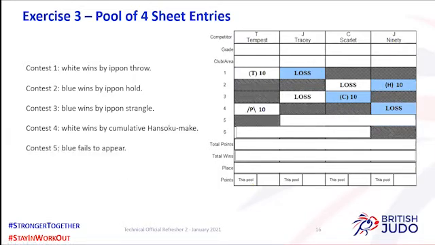So cumulative Ansukamaki, triangle with a P and a 10, and loss for blue. And in contest 5, blue fails to appear. So what might we put for blue failing to appear in the 5th match?